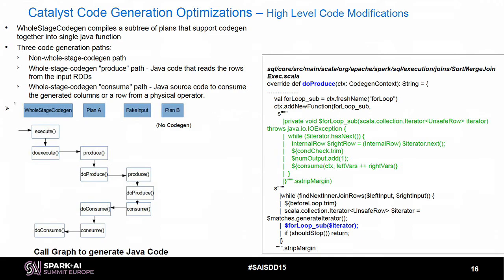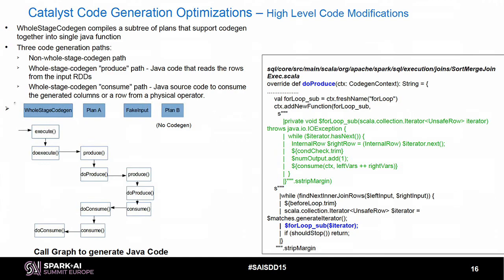In the produce path, the Java code to read the rows from the input RDDs is generated, and in the consume path the Java source code to consume the rows that were read during the produce phase is generated.